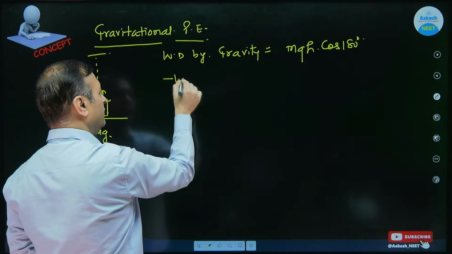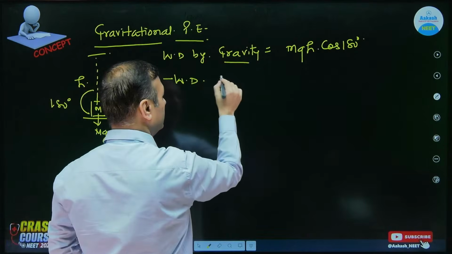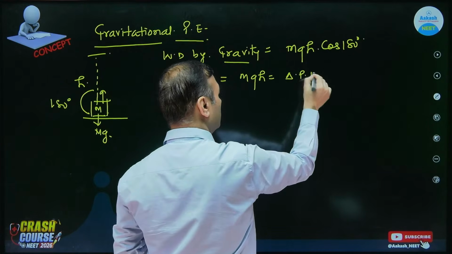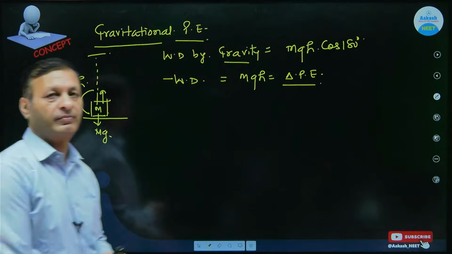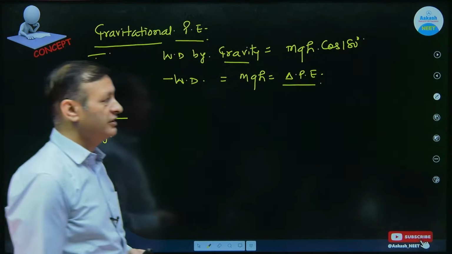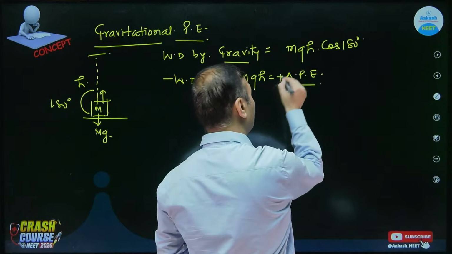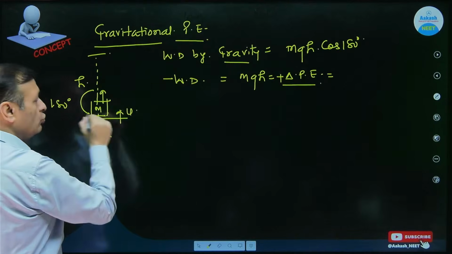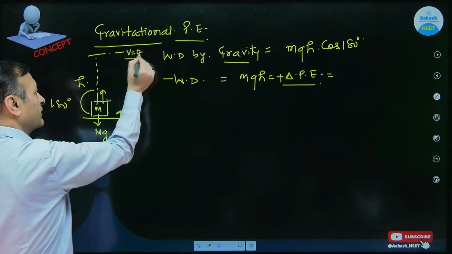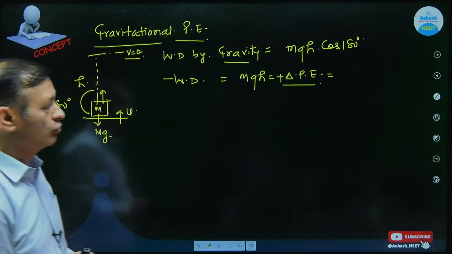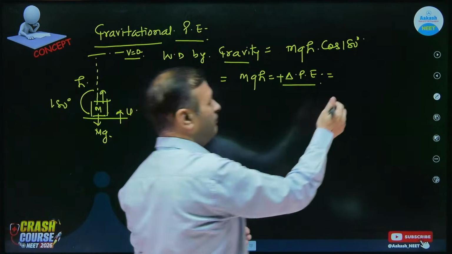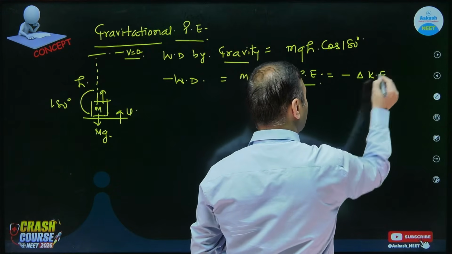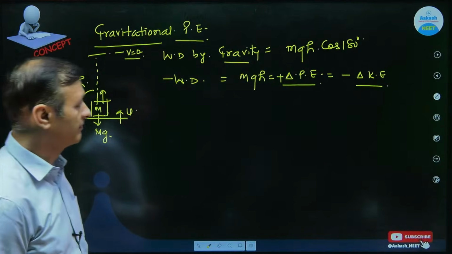So this negative work done by the force of gravity gives you mgh as the increase in potential energy. So this gives you the change in potential energy, and this is the increase in potential energy. So this is positive. And if you just throw this body with some speed u, finally it ends up at its maximum height with final speed 0. So that gives you a decrease in kinetic energy. So this decrease means we have a negative sign.